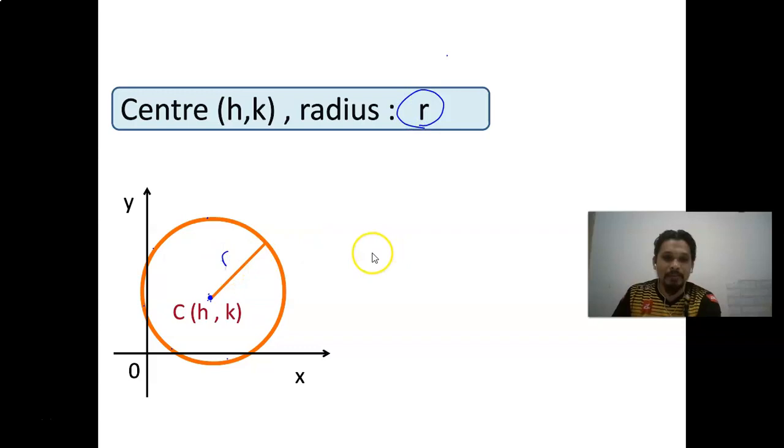And for any coordinates, we define this as P, the coordinate of P, which is (x, y). So for any point on the ring of the circle, the distance from the center to that point is the radius of the circle.